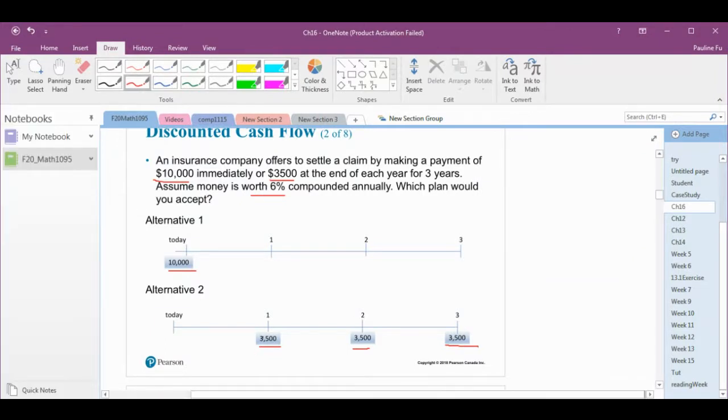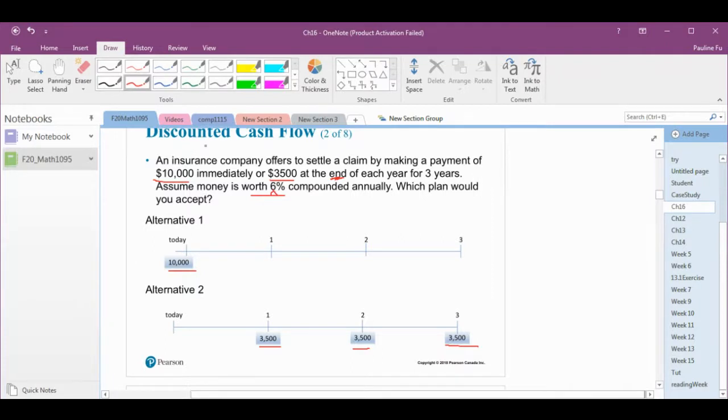And this $3,500 is at the end of each year. And the interest of 6% is given. And how do you approach this problem?